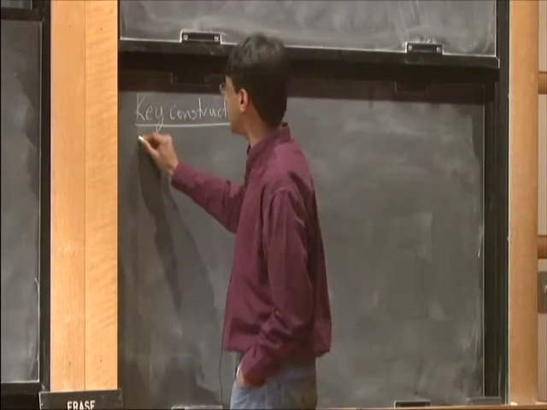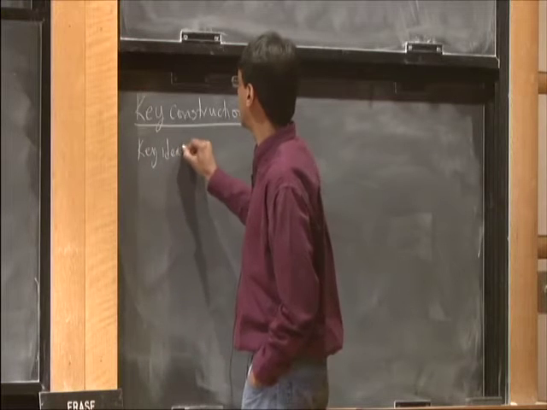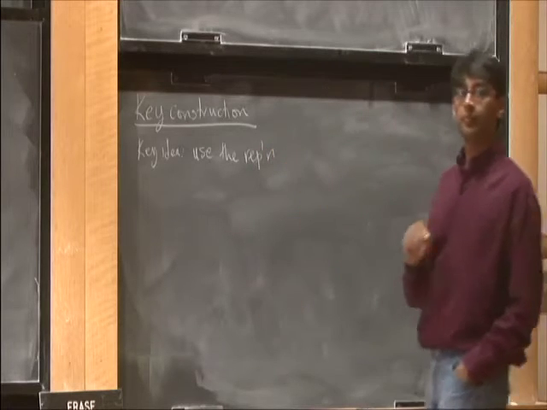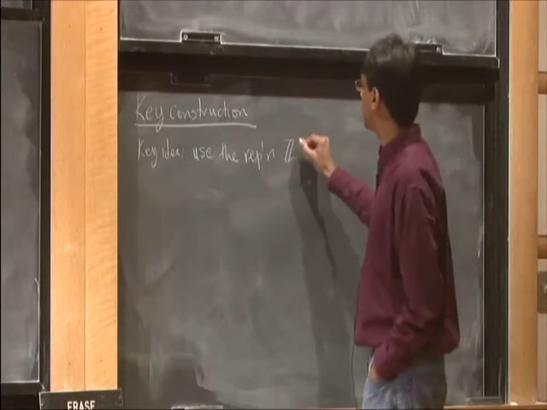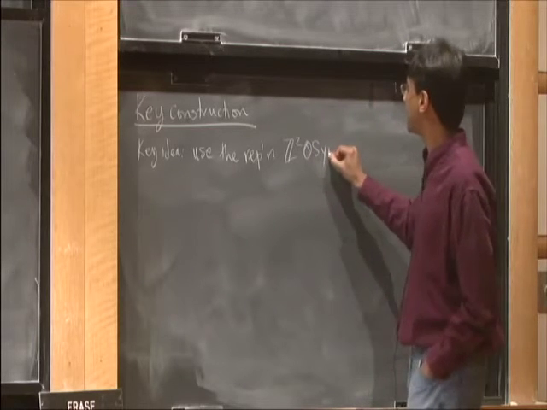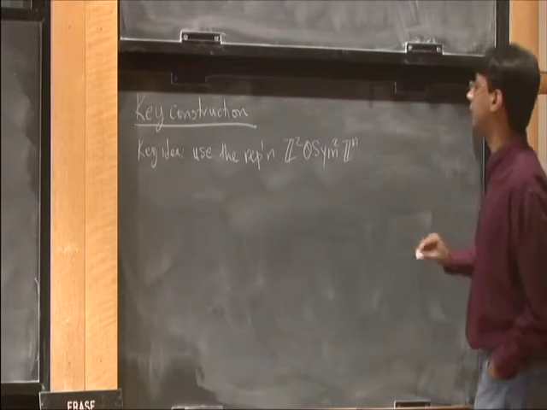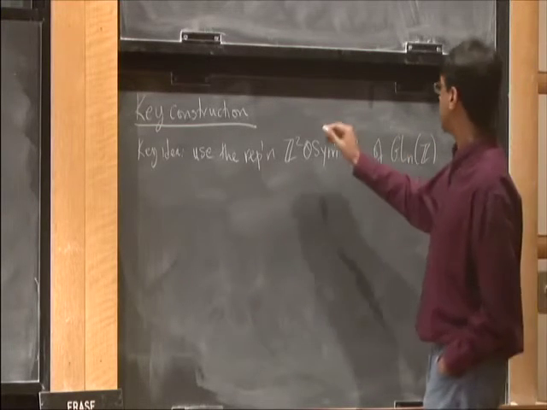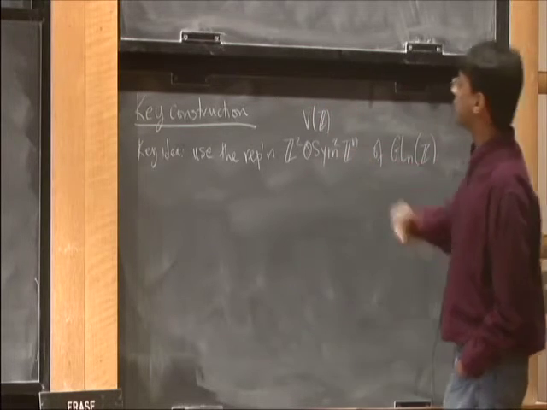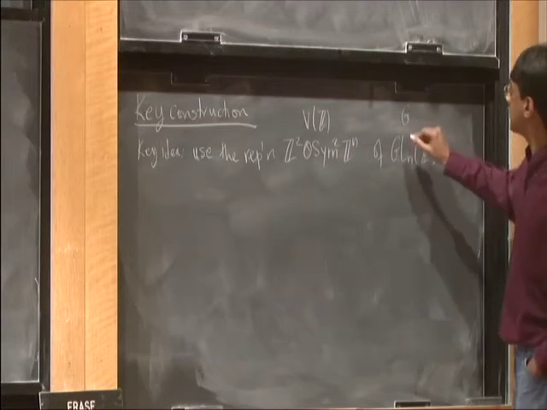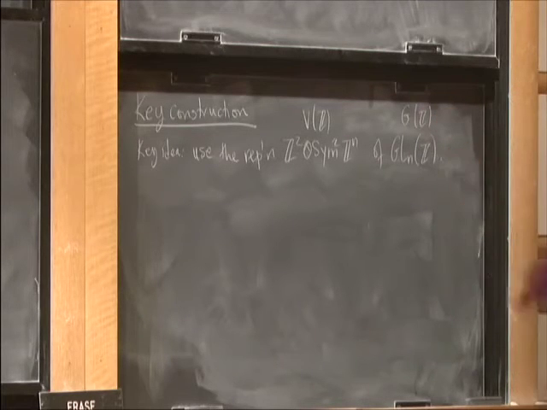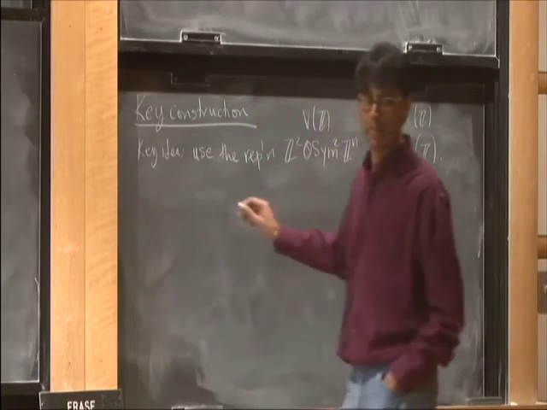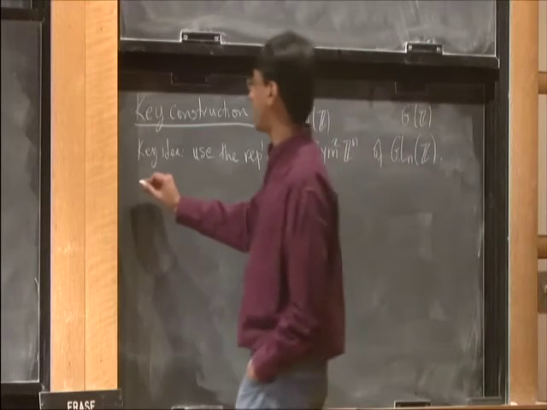First of all, the key idea behind the construction is to use the representation Z2 tensor Sym2 Zn of GLn. And we're particularly interested in the groups over Z. I'll call this representation V, so these are the points of V of Z, and I'll call GLn G. So we're interested in this representation of G of Z on V of Z. The way to think of it is two copies of Sym2.